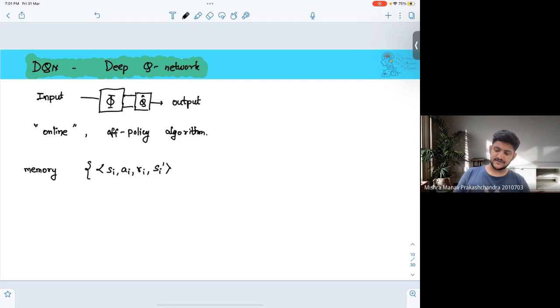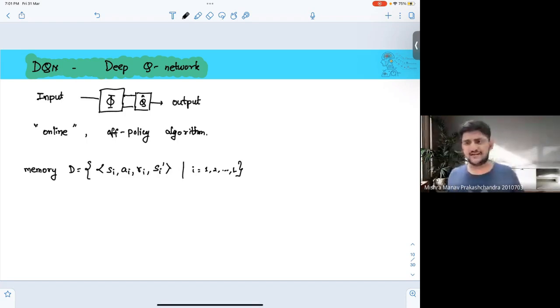So let's say this is a memory that I have for I from 1 to L. Okay, I'll call it as D. So in this D could be a stack or a queue, doesn't matter. It's a big data storage chamber wherein I just keep storing the experiences that I get.